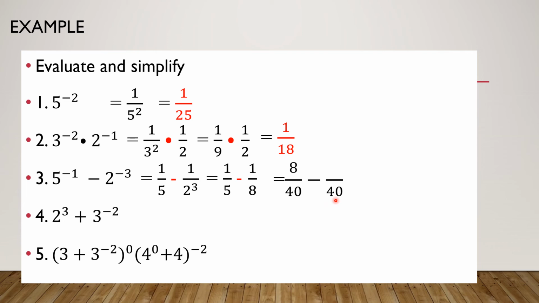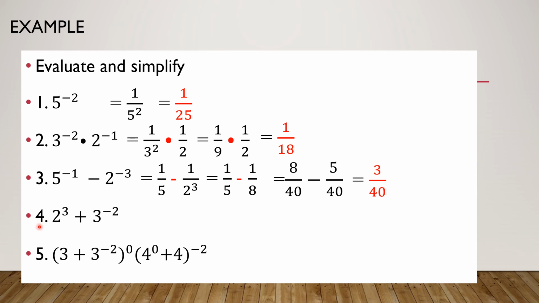Then, 40 divided by 8, right? 5 times 1 equals 5. Then, similar fraction na po sila. We're going to subtract the numerators, then copy the denominator. So, 8 minus 5 equals 3. Then, copy the denominator, which is 40. So, the answer is 3 over 40.